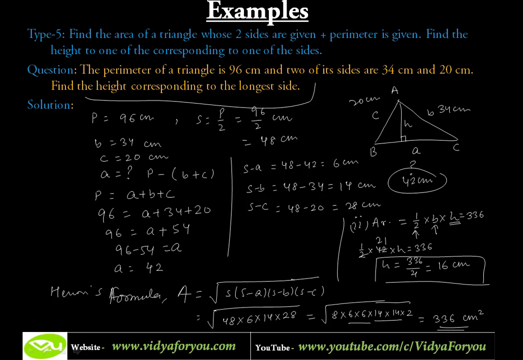We used Heron's formula to find the area, and once we got the area, we used the basic formula half into base into height to find the height corresponding to the longest side. If they ask to find the height corresponding to this side, we can take this as base, use the same formula, put the value of area and get the value of corresponding height.